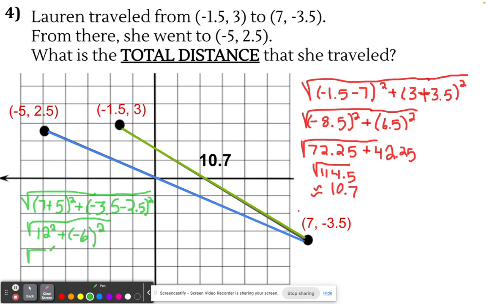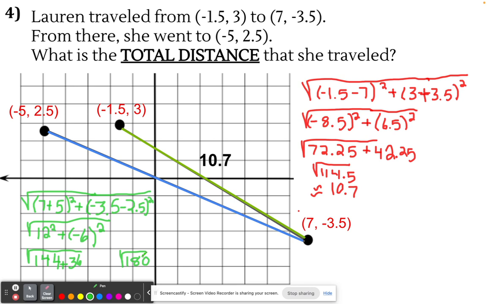So I have the square root of 144 plus 36, which would give me the square root of 180, which again is not a perfect square.